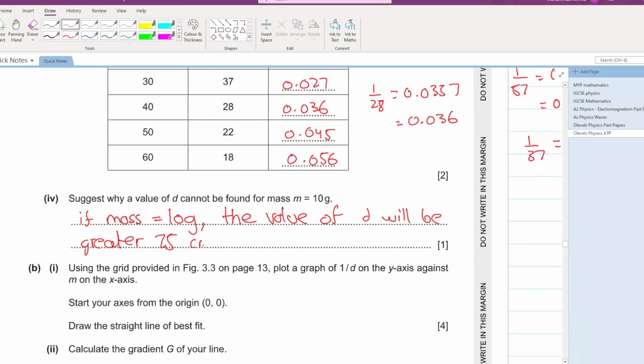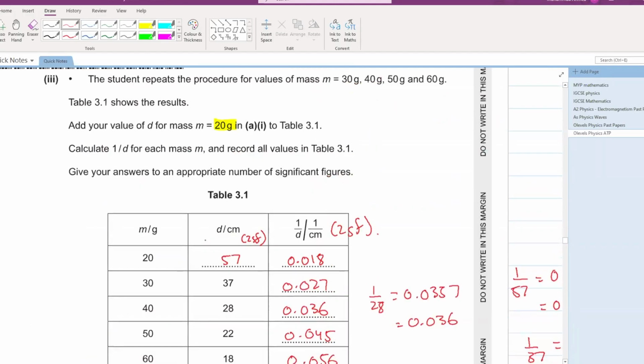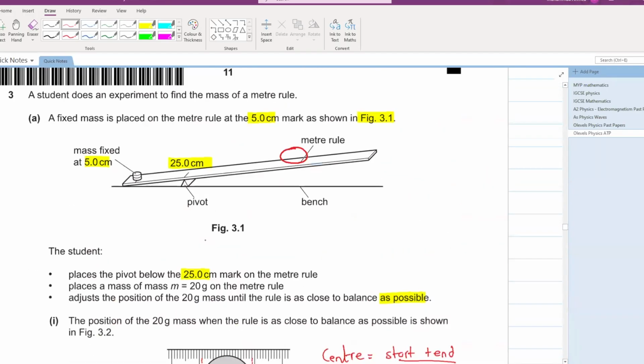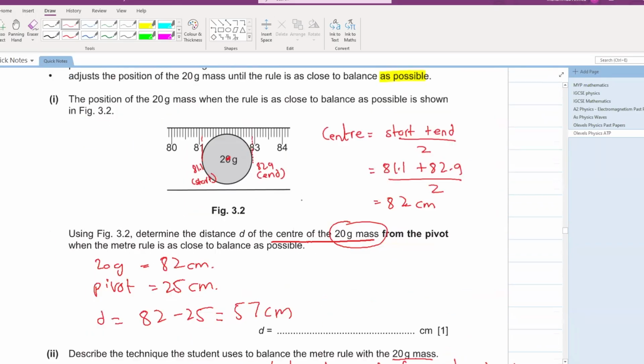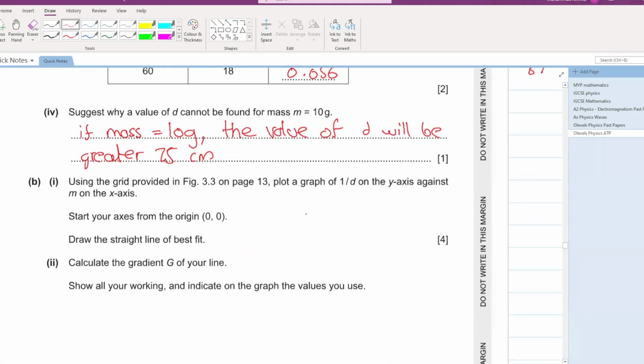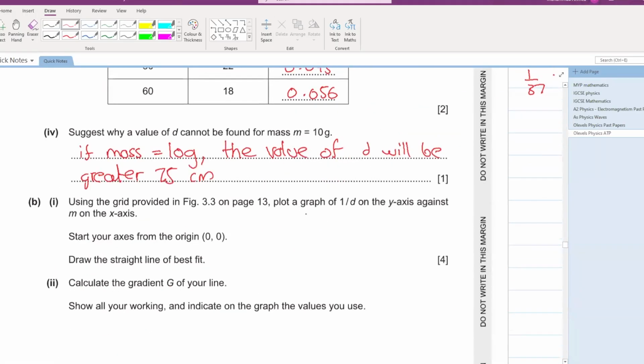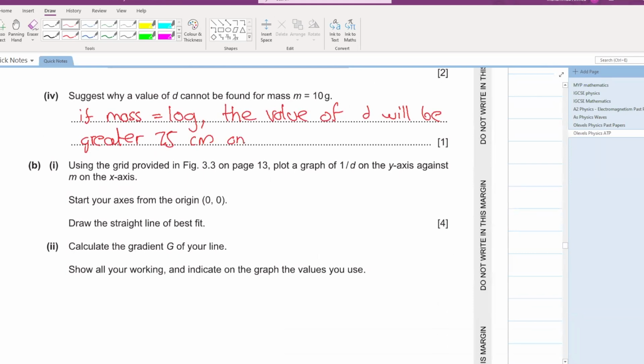Why am I saying greater than 75 centimeter? Because the pivot is at 25 centimeter, so the remaining length of this meter rule is 75 centimeter. If you place a 10 gram mass, your D will be greater than 75 centimeter, and there is no balance point on the meter rule. Simple as that. Nothing complicated here. Let's move ahead.